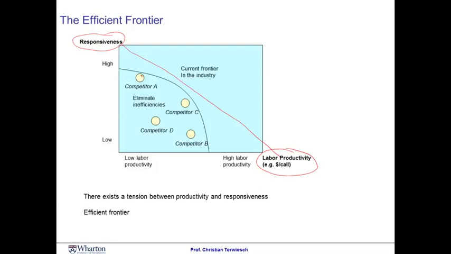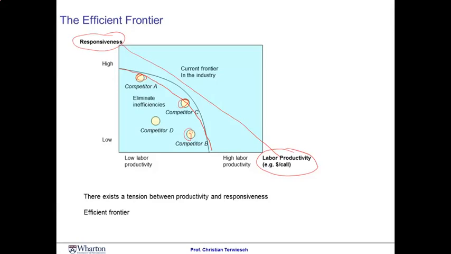Now consider call centers A, B, and C. All of these call centers are on a line that we previously defined as the efficient frontier in the industry. This means that there is no player, no company, no call center that dominates competitor A, B, or C. And when I say dominates, I mean firms that are both faster than we are and at the same time also cheaper.